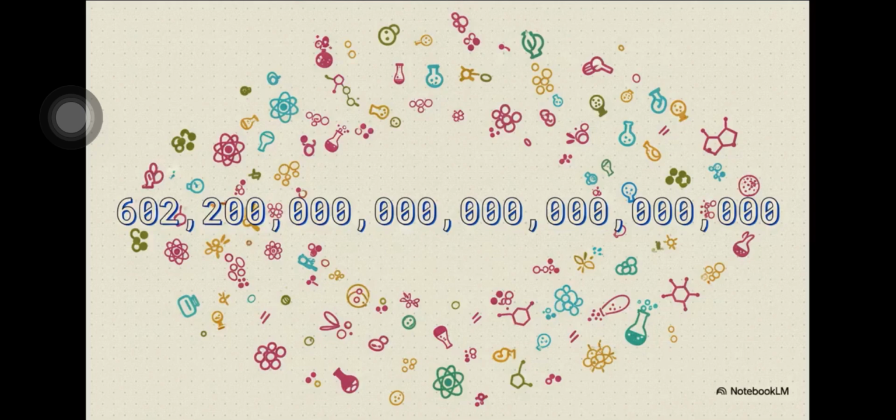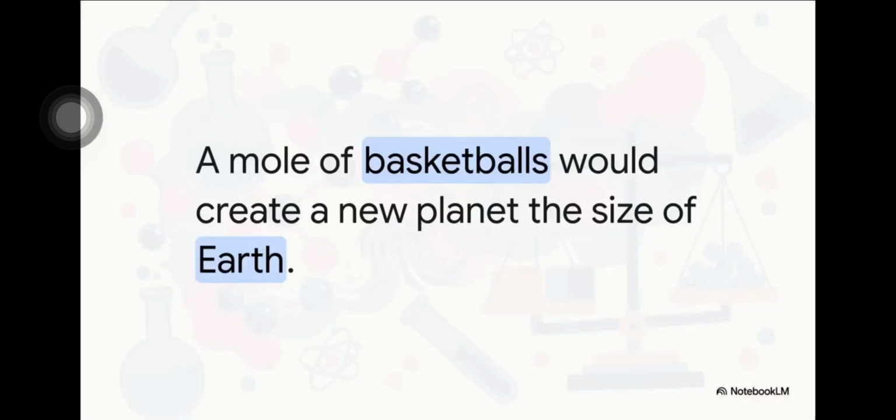We're talking 602 sextillion. What does that even mean? Well, let's try to put it in perspective. Imagine you had a mole of basketballs. Not atoms, basketballs. You would have enough basketballs to create a brand new planet, the same size as Earth. Seriously, that's how big this number is.